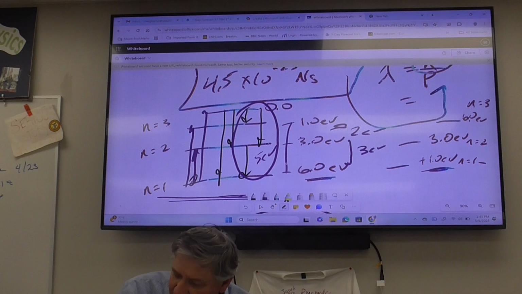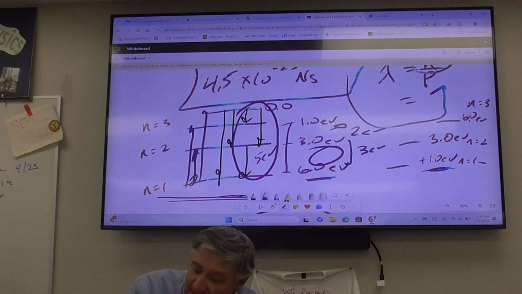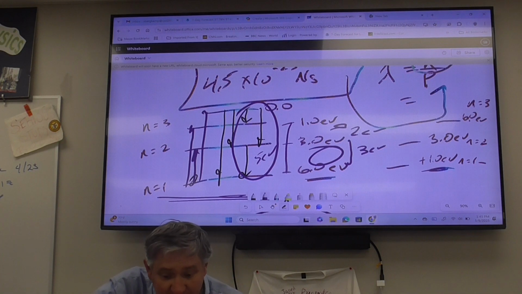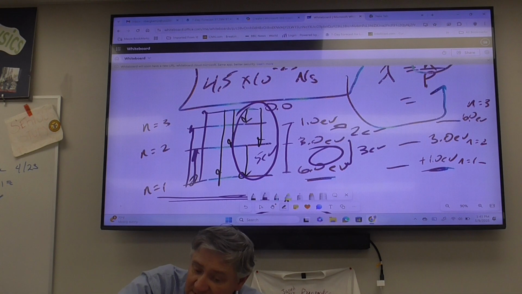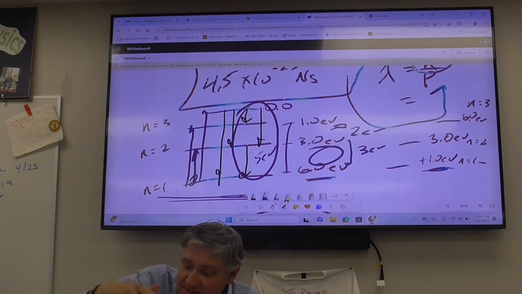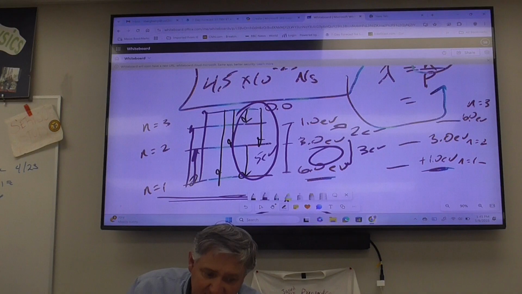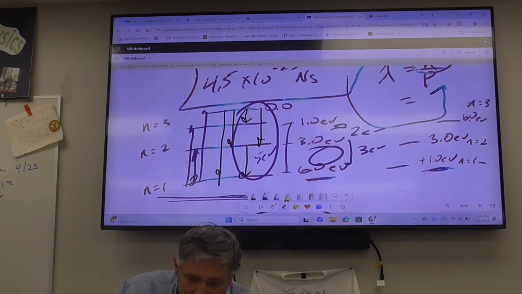If you go from 1 to 2 and you look at the energy that's involved, the energy of that electron is more than that transition, which is that 3 electron volt transition. Therefore, it can make that happen. So the answer to C is yes, because it has more than that amount of energy.